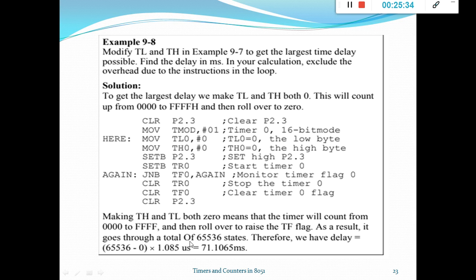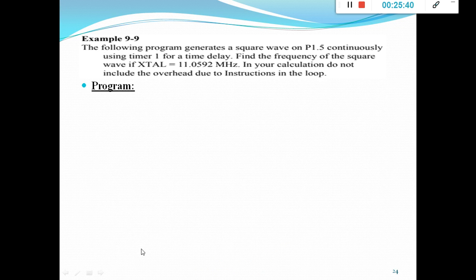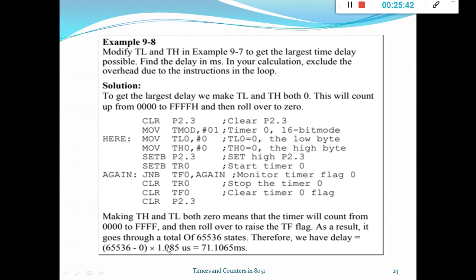Here they calculated in terms of decimal. So the maximum value in decimal is 65536 minus the initial count, into 1.085 microsecond. So you are going to get 71.1065 millisecond for a half pulse. Okay, this is a half pulse.